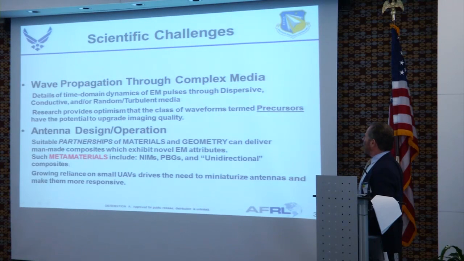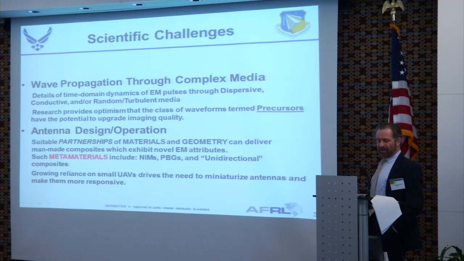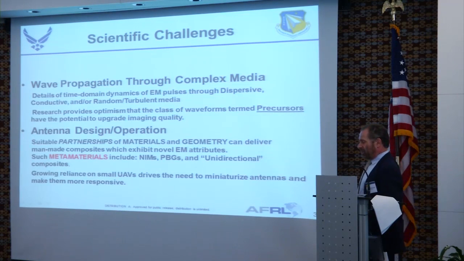Antenna design and operation. I've written that suitable partnerships of materials and geometry can deliver man-made composites which exhibit novel EM attributes. Examples of metamaterials are negative index materials. That's the area that popped up not so long ago and is basically the source of the term metamaterials.